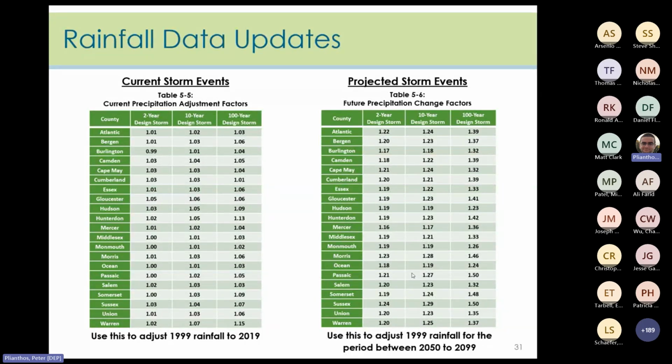For example, the precipitation depth for the 10-year design storm for Hudson County, retrieved from the NOAA NWS website, should be multiplied by 1.05 to get the current 10-year design storm precipitation depth. The rainfall data applied with the current precipitation adjustment factors will be the current storm events in the rules regarding stormwater runoff calculations.